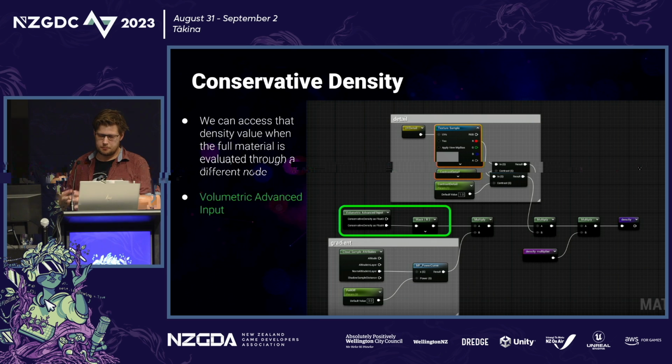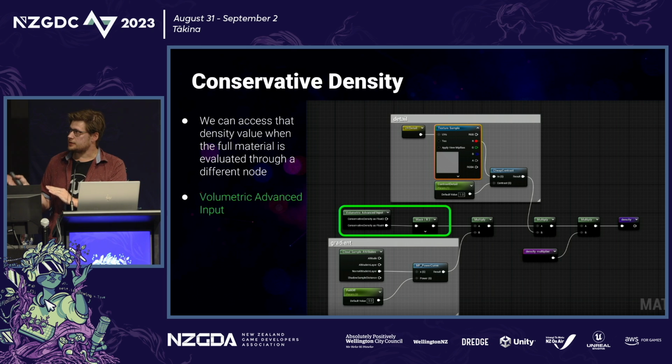So once we've plugged that value into the conservative density slot, when the full material is evaluated, we can extract that value from this advanced input node. And that will allow us to reconstruct that material and pick up from where it left off.